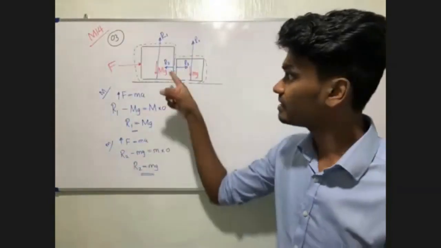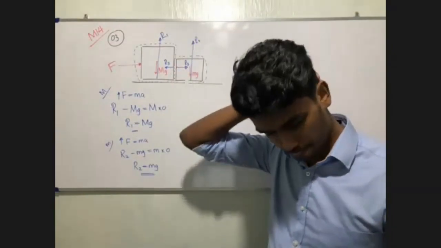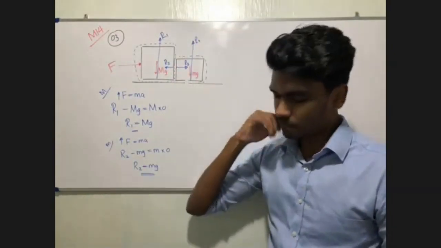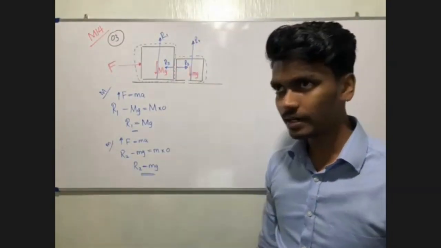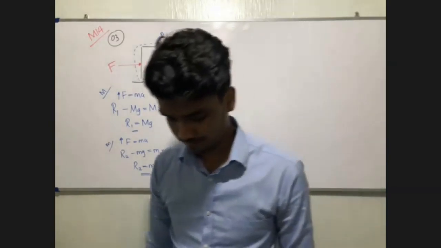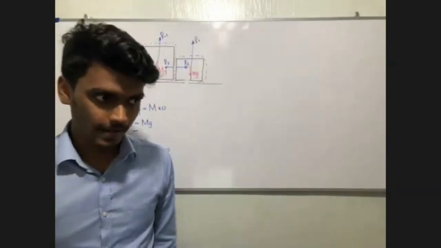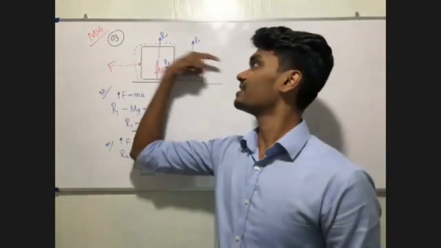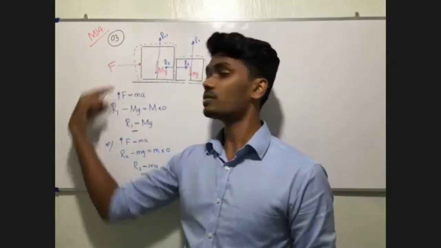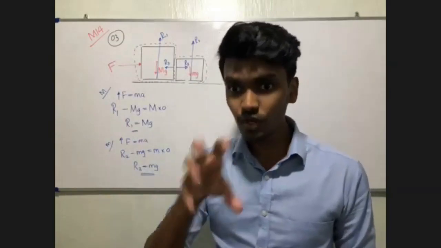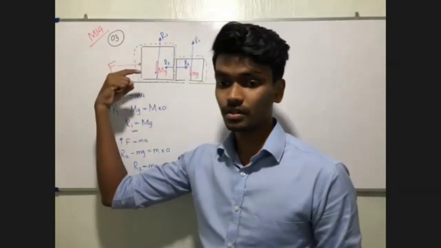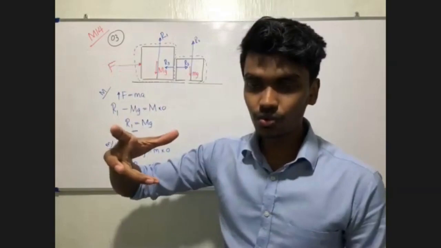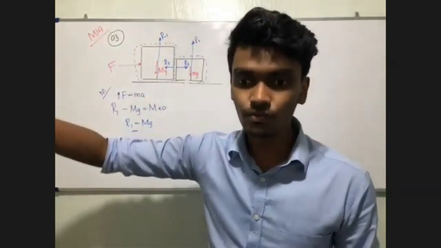Next, what we need to find is this R3. Finding R3 is not going to be easy. Why? Because there is an acceleration in this direction due to the application of a force. If you apply a force capital F, you know that the object will move.